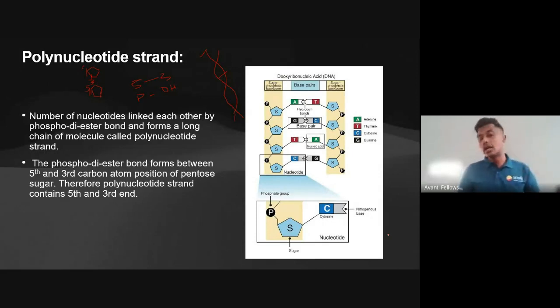When we talk about the 5 prime end, you say that there is a free phosphate group in the 5 prime end, because of the presence of your phosphate group. Similarly, you have your 3 prime end, where you say that there is a free OH group in the 3 prime end. As simple as that. Now you have your first carbon atom, and you already know what takes its place: that is the nitrogenous base.